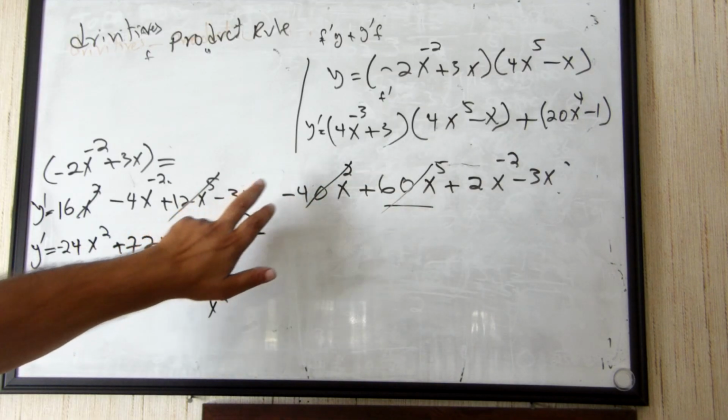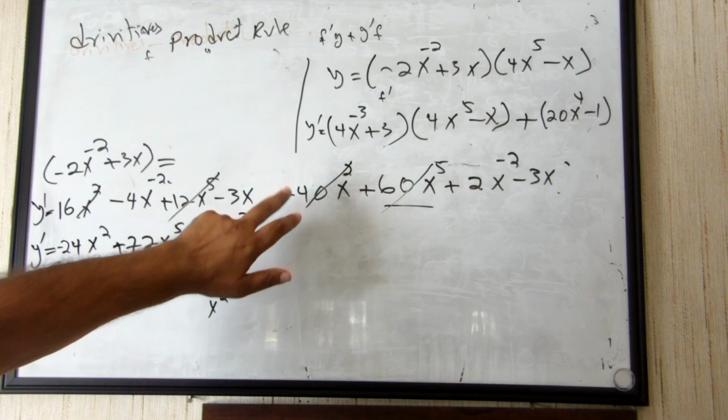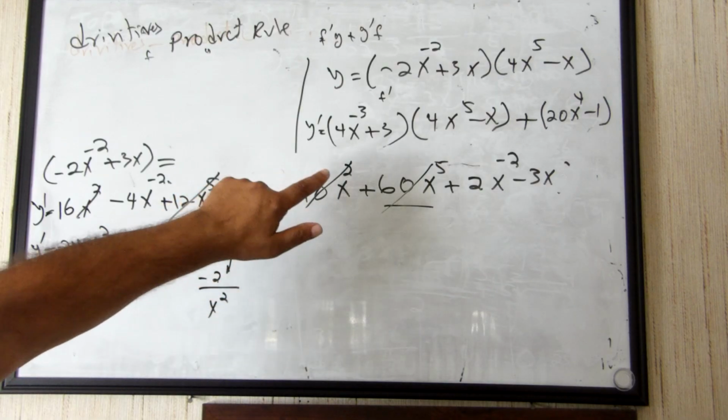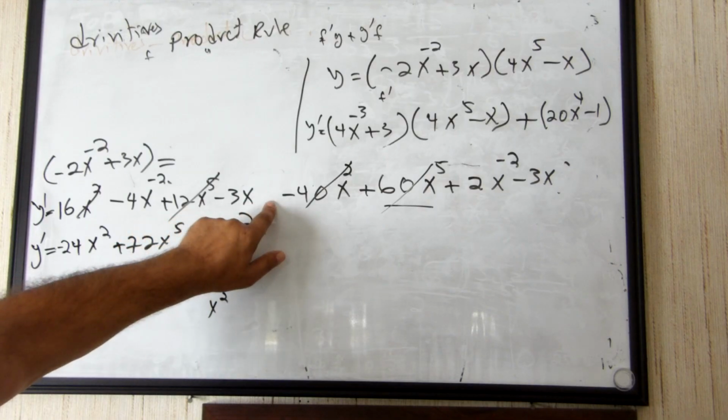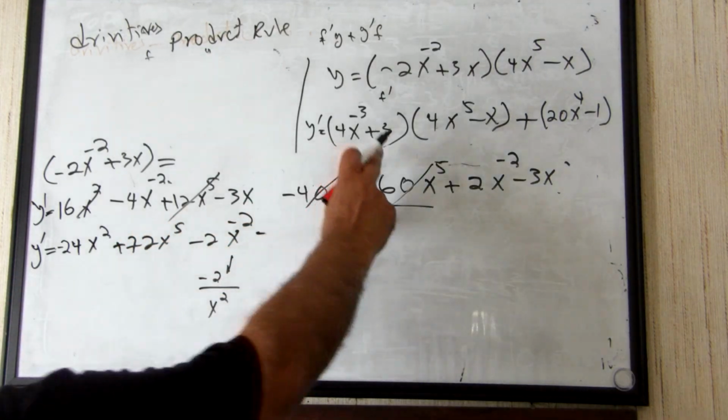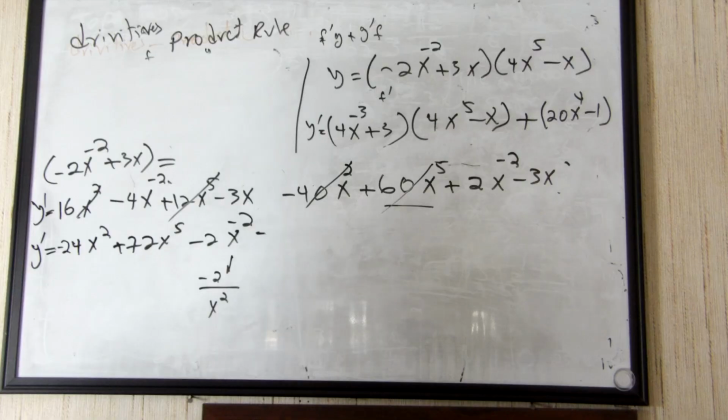Okay, 16 minus 4x to the power of 3, then 12x^5 minus 3x, minus 3x, because 3 times minus 6 is going to be minus 3x.